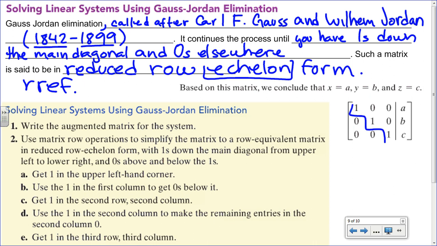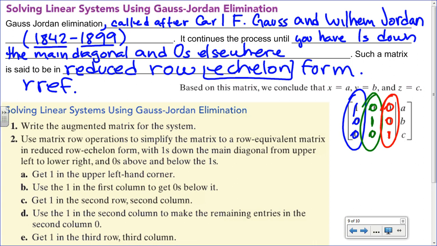All right, so the steps are the same. You start by writing your augmented matrix, and then you work on getting the ones first. You start with the first column, finding that one, then make your zeros. Then you move to the second column, make your one, and then your two zeros. Then the third column, your one, and your two zeros.